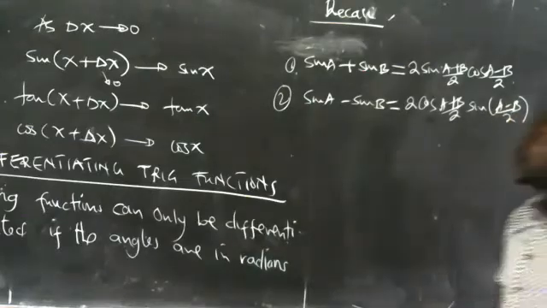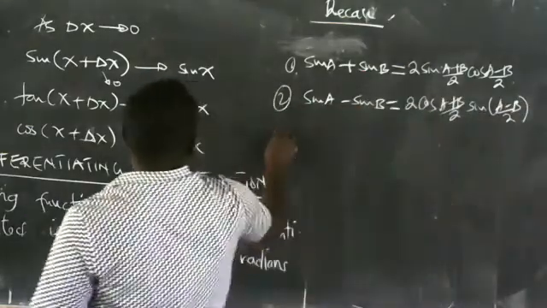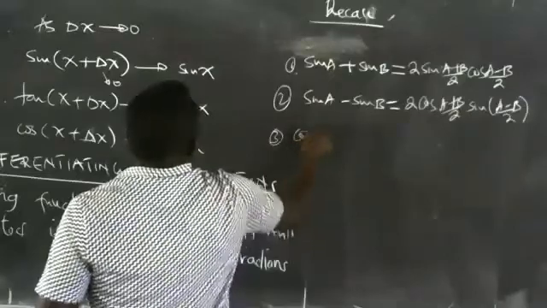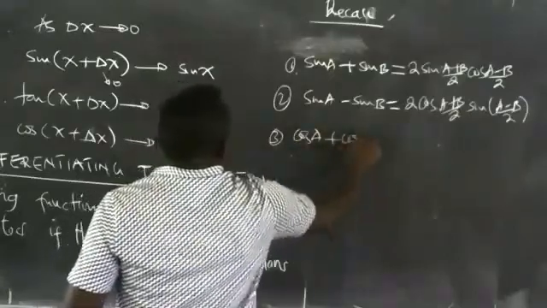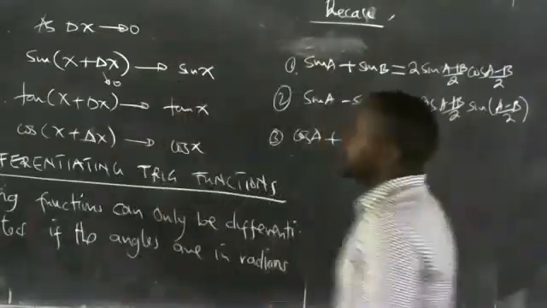The third one, you have cos A plus cos B. What do we get here?